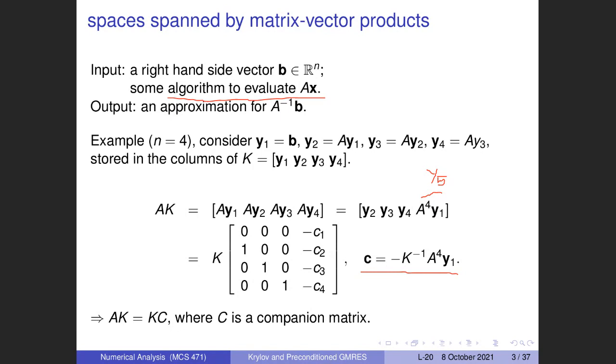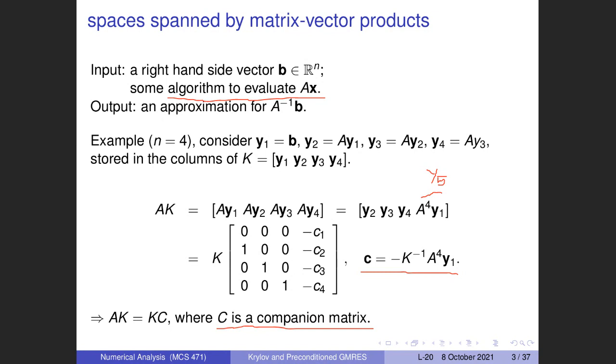What is actually important is the matrix that expresses the relationship between these two spaces. So we have the Krylov space, and then we have this companion matrix.